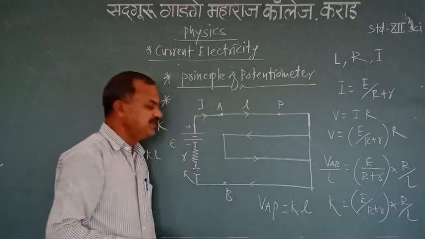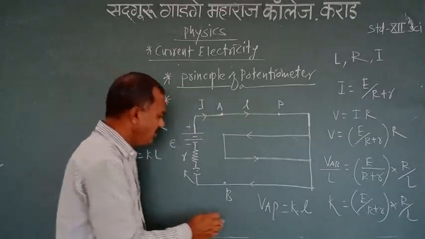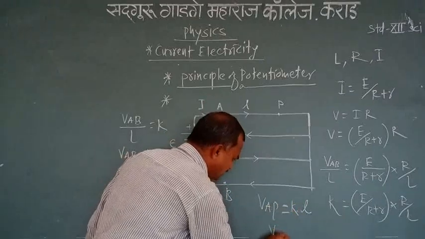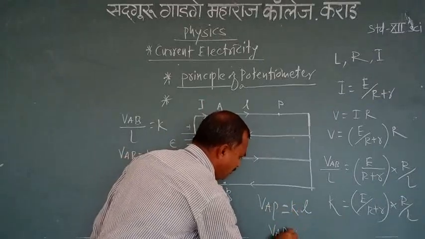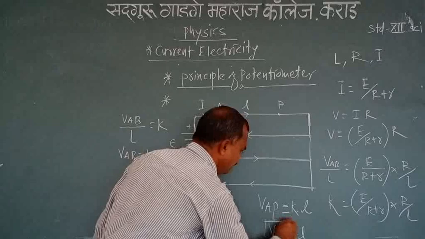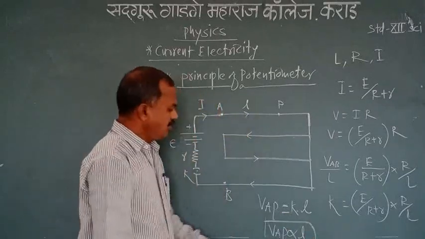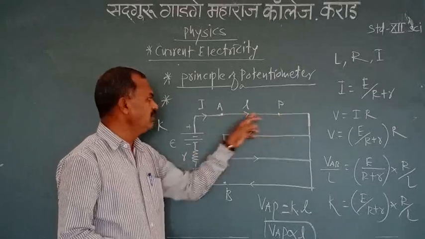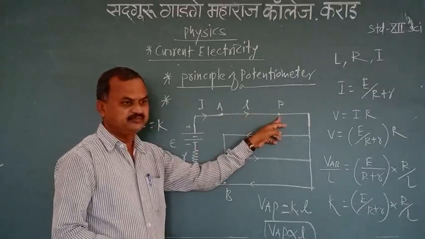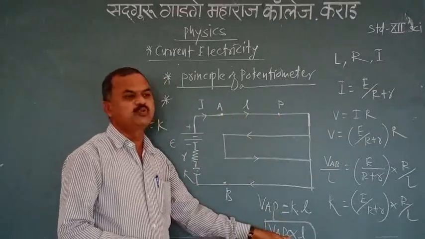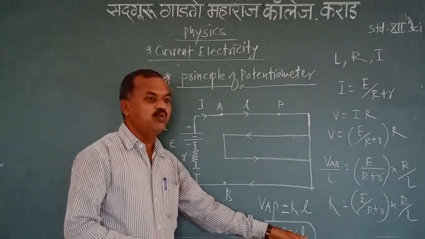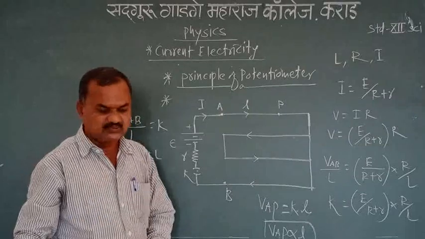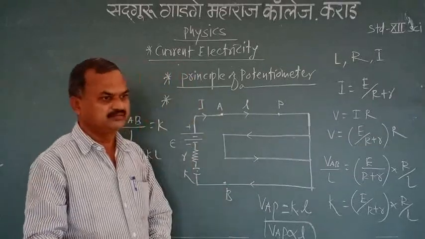That is VAP equals KL, or replacing the equal sign and constant K, VAP is proportional to L. This means the potential difference between 2 points along the potentiometer wire is directly proportional to the length of wire between these 2 points, which is the principle of potentiometer.